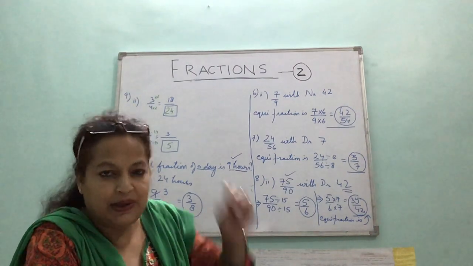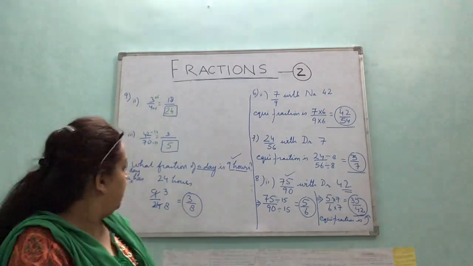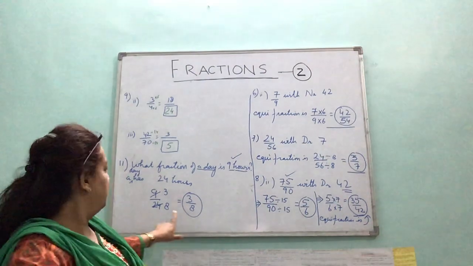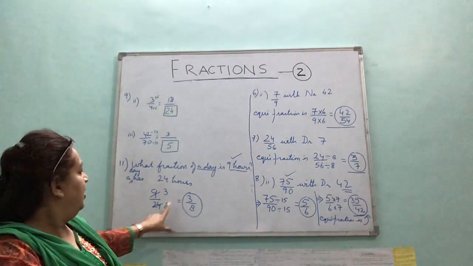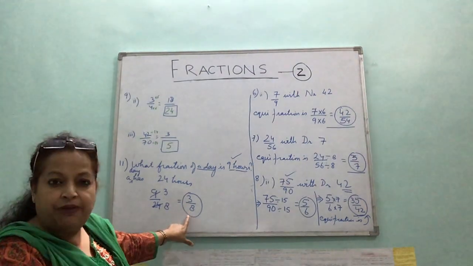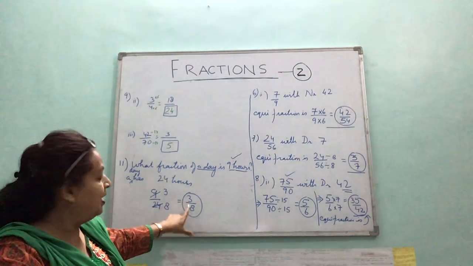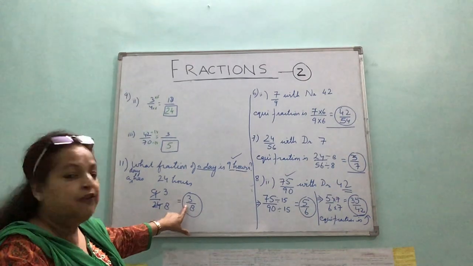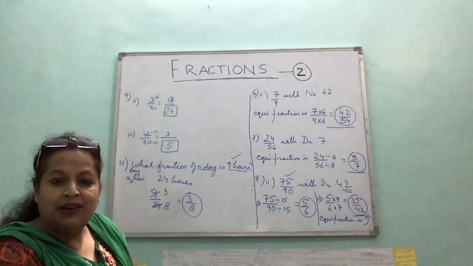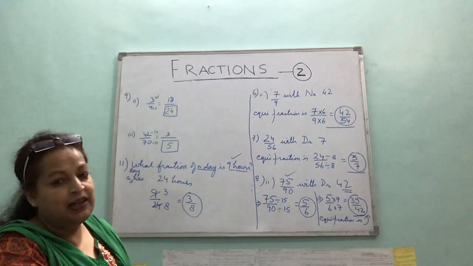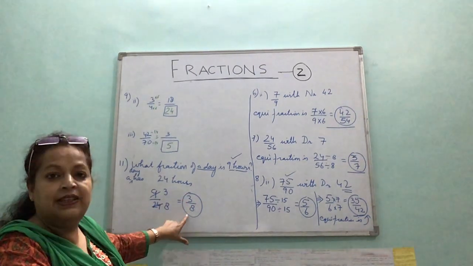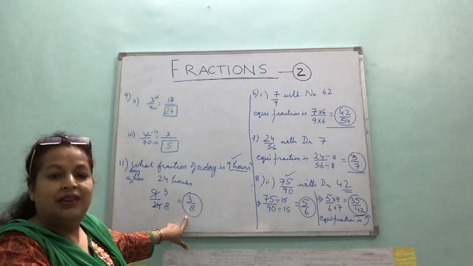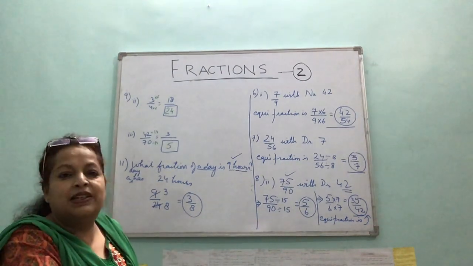Now there are a lot of methods of expressing in the simplest form. This is one of the methods which I have done here. Simplest form means that there is no common factor, that is, the HCF of both numerator and denominator should be 1. That means they cannot be reduced further, they cannot be divided by the same number further. Then it is said to be expressed in simplest form.